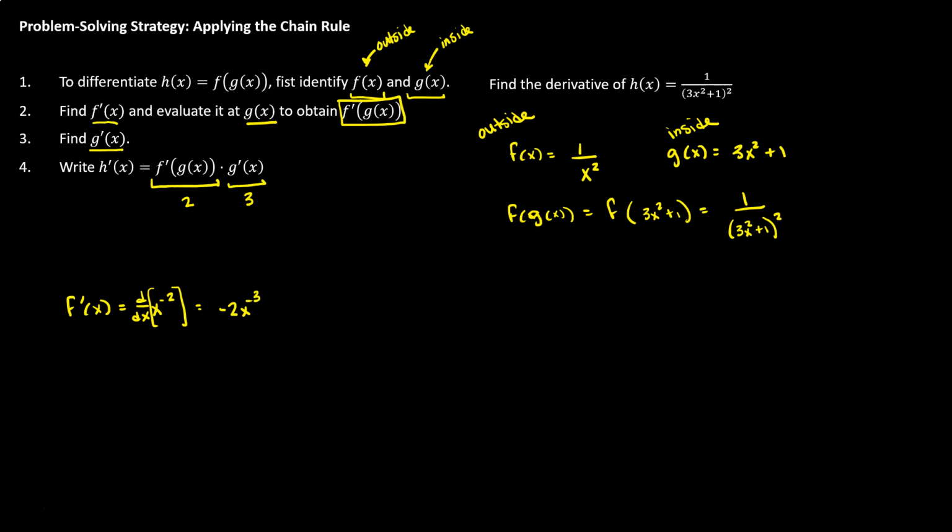But then as part of step 2, it says I need to evaluate that with the inside function plugged in. So I want to do one more step here, f prime with the inside function, 3x squared plus 1, plugged into it. And if f prime is negative 2x to the negative 3, then I'm just replacing x with the inside function.